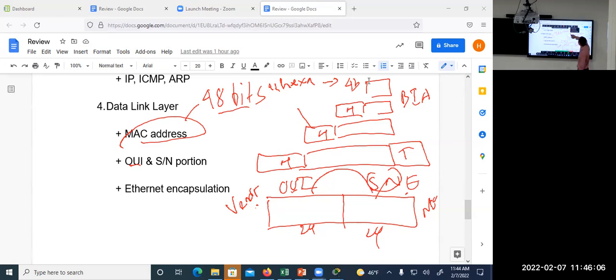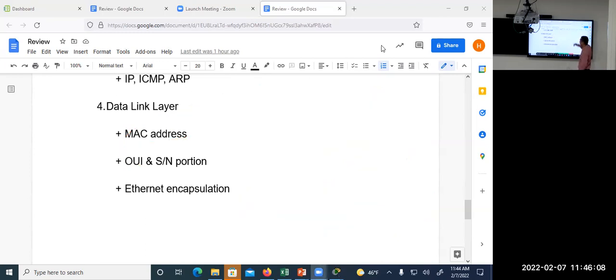Now I think that's everything about the review. You know everything about the transport layer: TCP, UDP, connection-oriented communication, the three-way handshake, and the two-way handshake when you terminate. You know about the sequence number, acknowledgement number, and the sliding window.